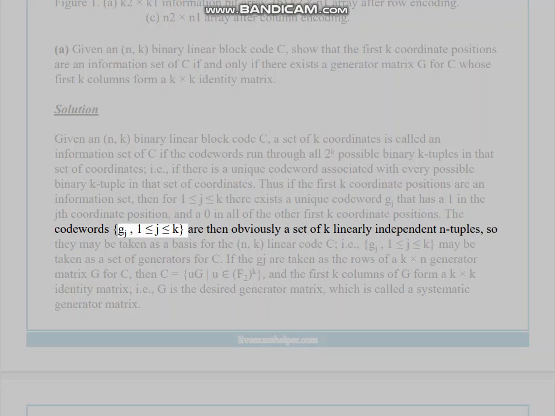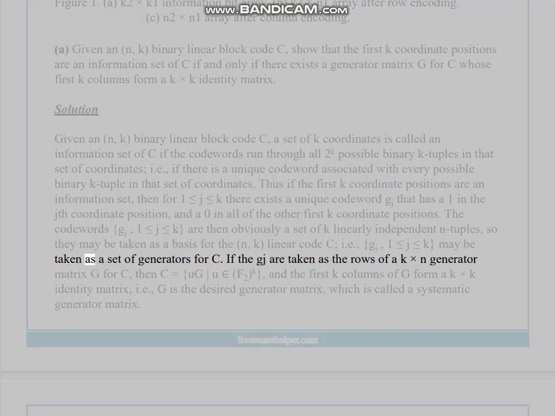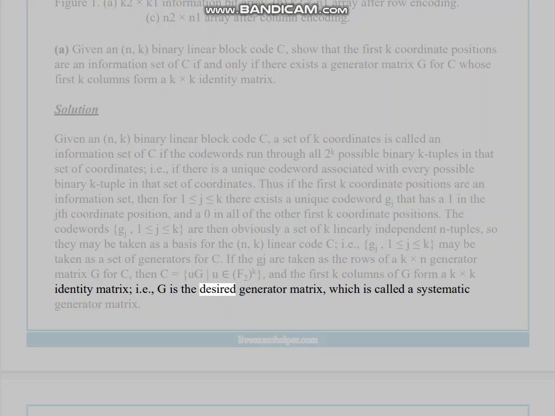The codewords gj, 1 ≤ j ≤ k, are then obviously a set of K linearly independent n-tuples, so they may be taken as a basis for the (n, k) linear code C, i.e., as a set of generators for C. If the gj are taken as the rows of a K times n generator matrix G for C, then C equals {uG, u in F2^K}, and the first K columns of G form a K times K identity matrix, i.e., G is the desired generator matrix, which is called a systematic generator matrix.